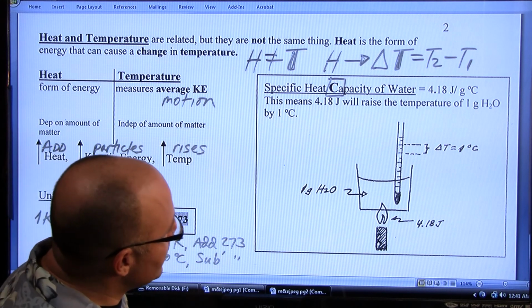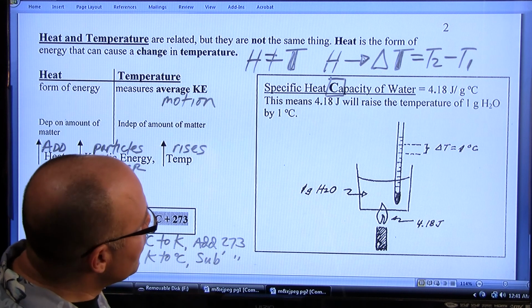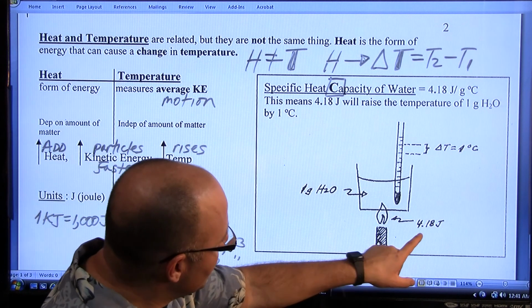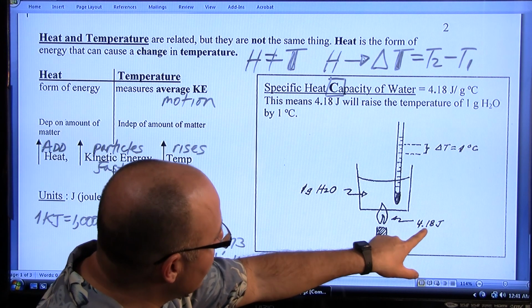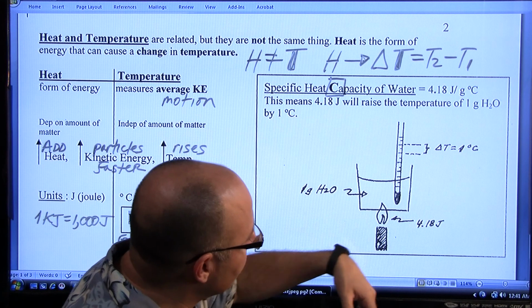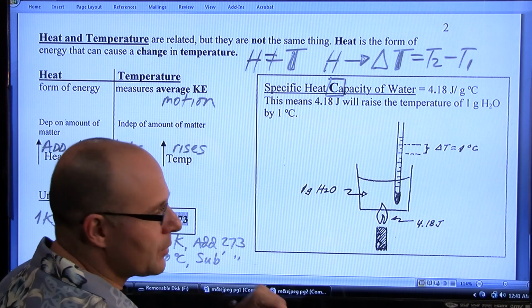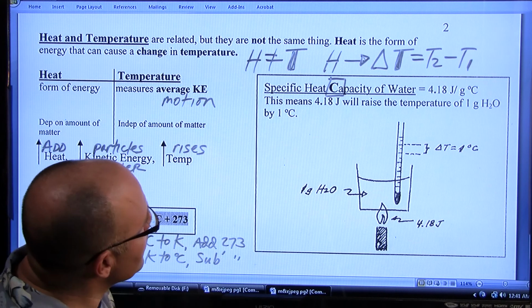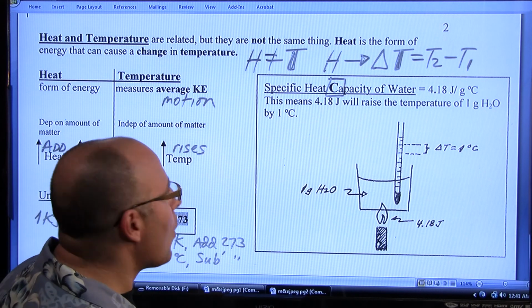What this means is, if you have a gram of water in a cup, and it absorbs 4.18 joules of heat energy, then that water will undergo a change in temperature of 1 degree. And it doesn't matter what temperature you start. So again, this is a constant that we're going to be using when we calculate quantity of heat.